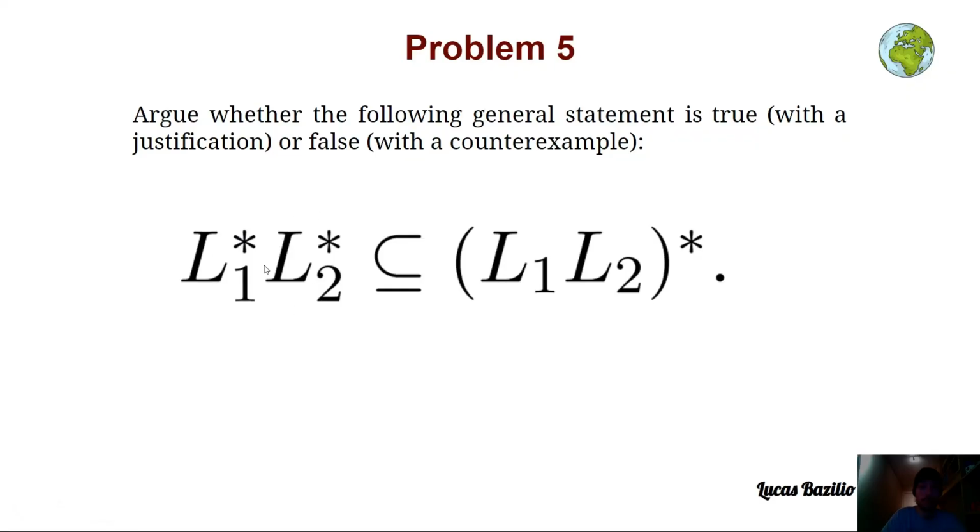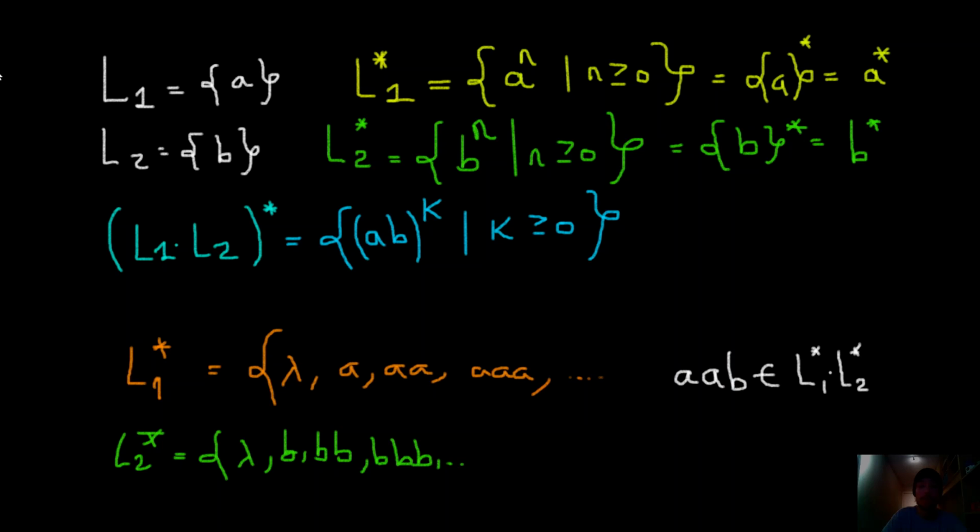It belongs because this value AA comes from this language, and we are concatenating this word with this one. Just a simple concatenation, by definition of the concatenation. So we take a word that belongs to this language, we concatenate it with a word that belongs to this language, therefore this word will belong to the concatenation of these two languages.